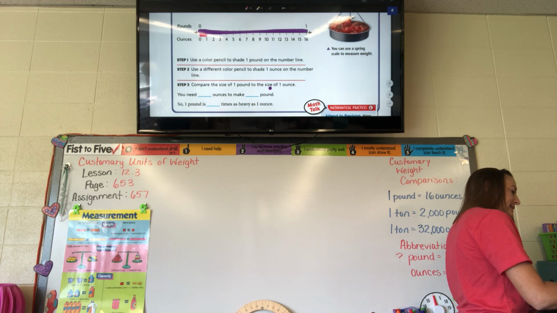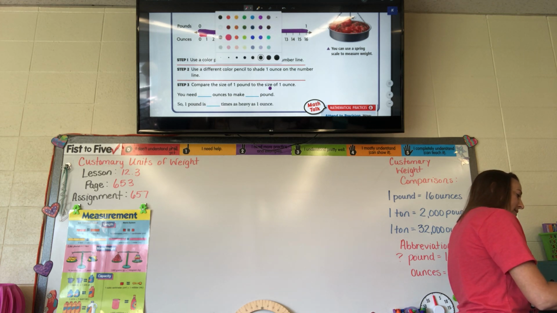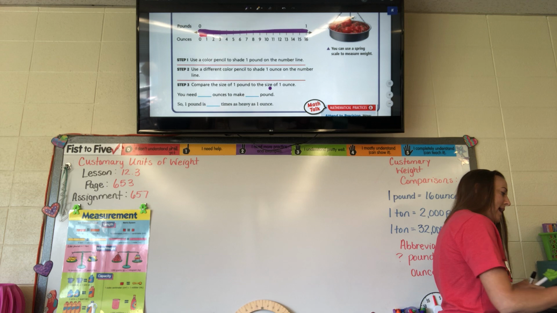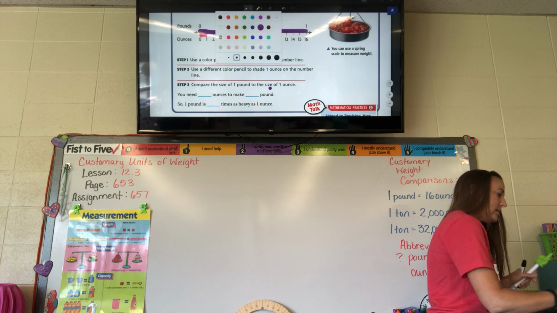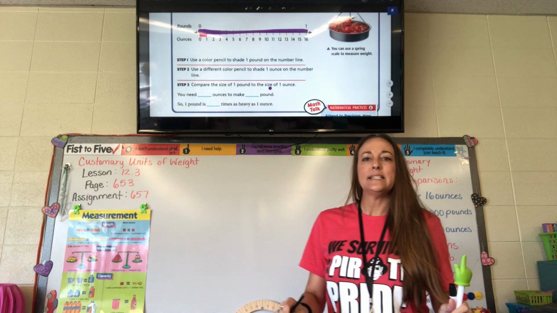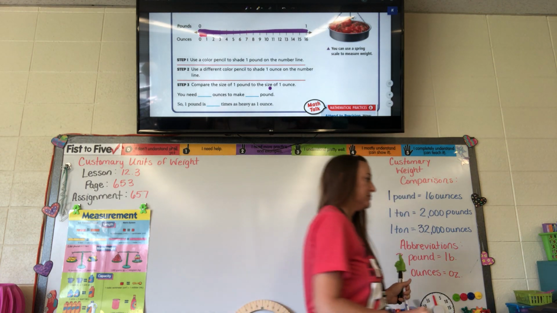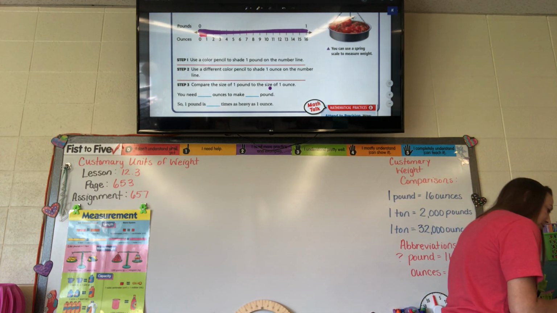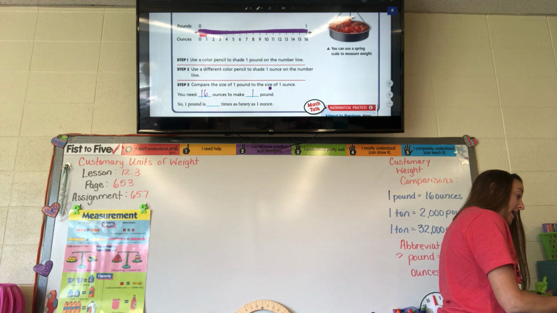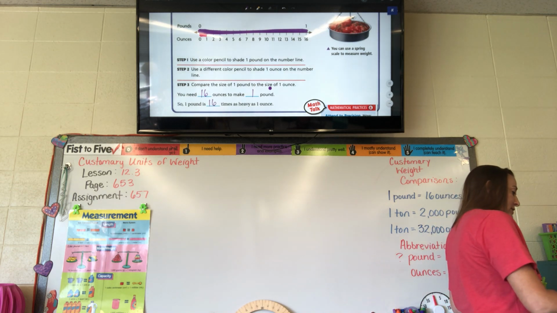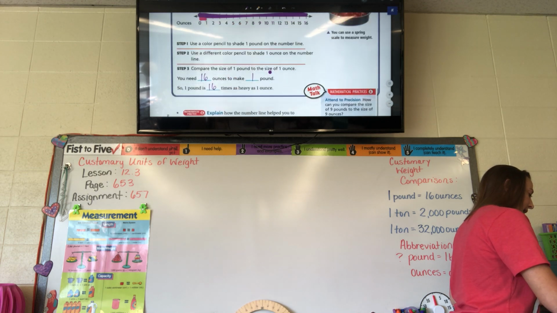So you can see that the pound is 16 times the size of an ounce. Okay, so you need 16 ounces to make 1 pound. So 1 pound is 16 times as heavy as 1 ounce.